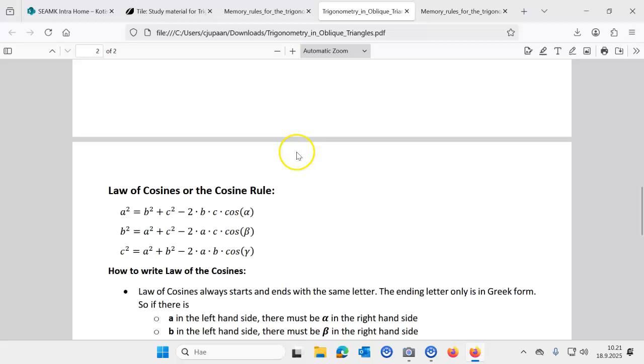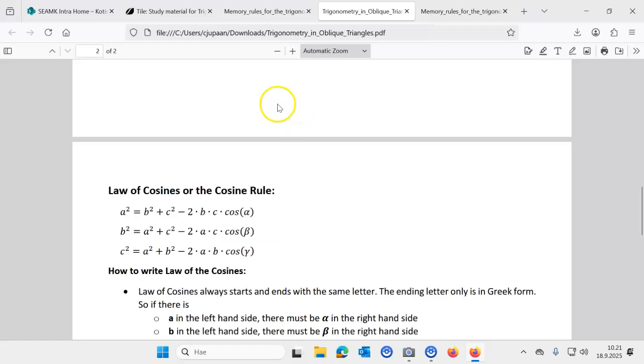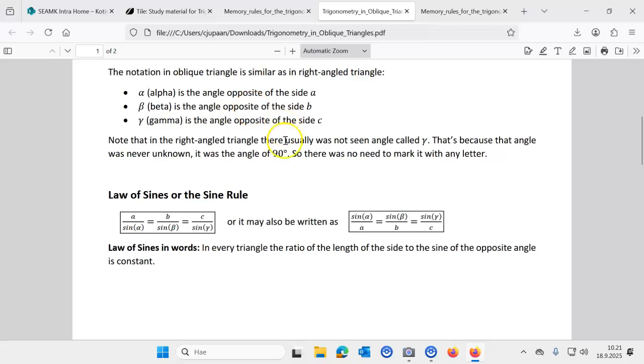Same holds in the cosine rule. There are 3 possibilities. And if we find only one unknown in one equation, we can solve something from that.